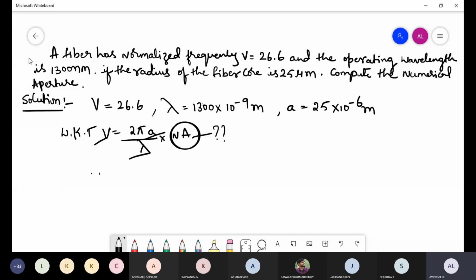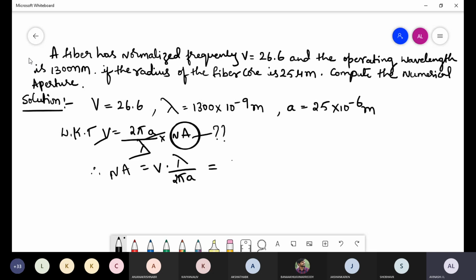Therefore, the reduced formula will be numerical aperture equals V into lambda divided by 2 pi A, because if you shift the numerical aperture to the left-hand side, it will be in the denominator, and V will also be in the denominator. Take the reciprocal, and you will get numerical aperture equal to V into lambda divided by 2 pi A.